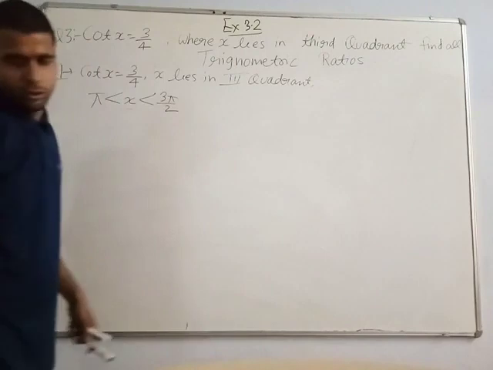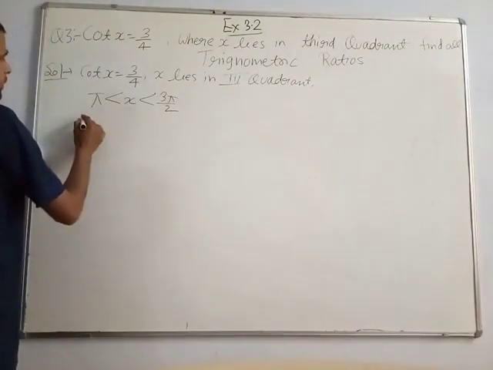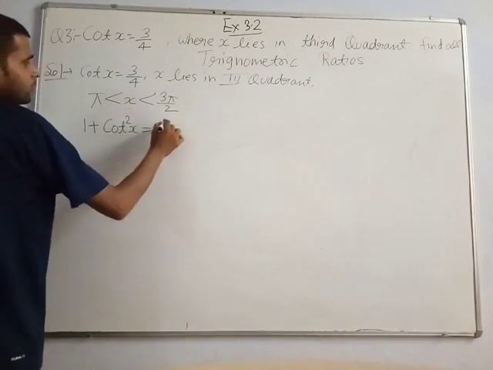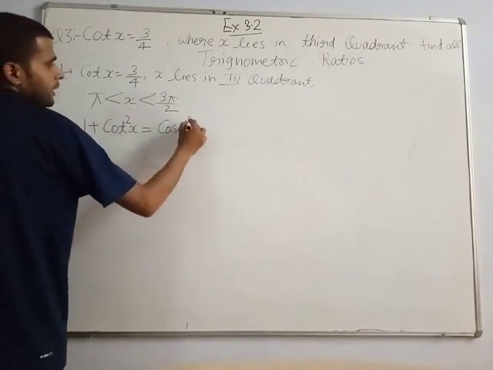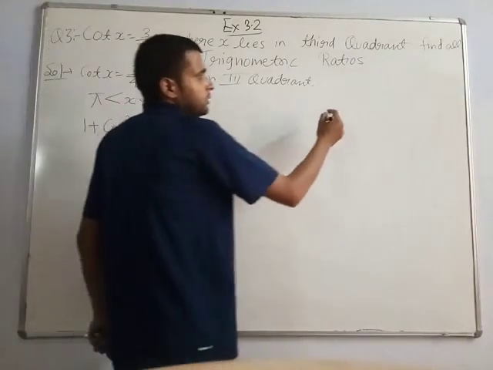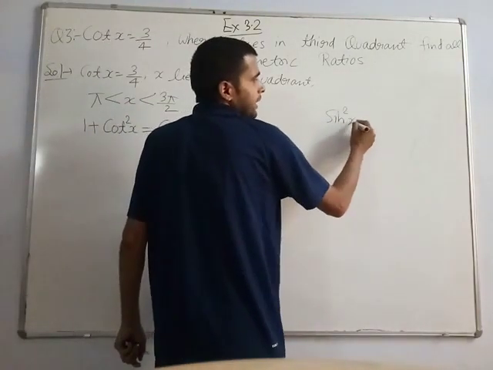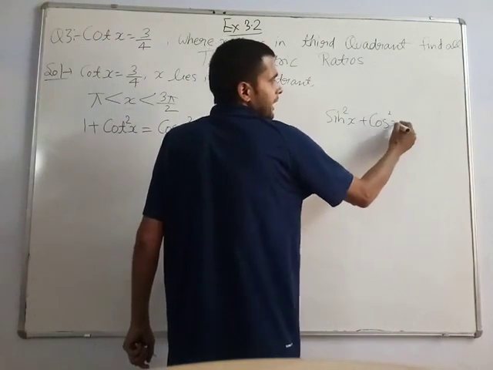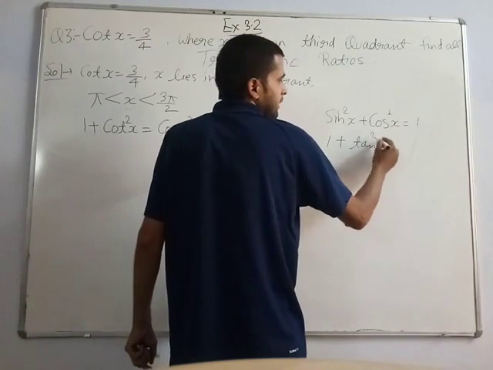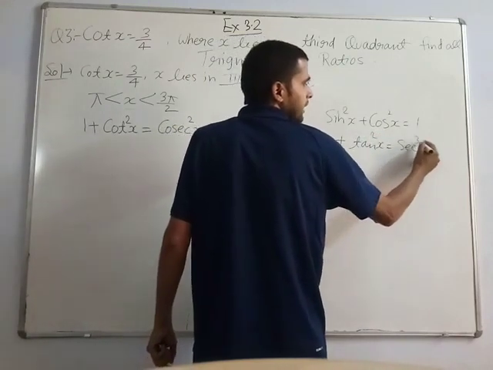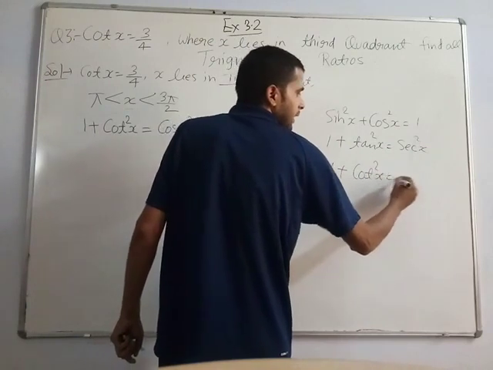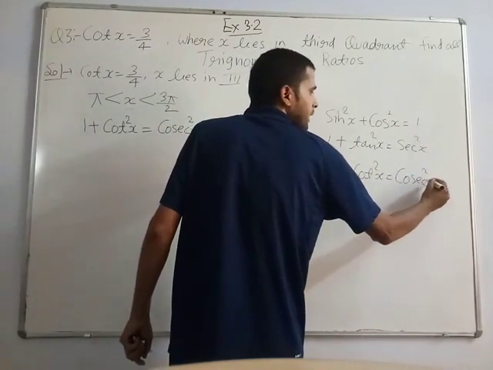So you should remember that one formula is 1 plus cot square x equals cosec square x, right? You have to remember three formulas: sin square x plus cos square x equals 1, 1 plus tan square x equals sec square x, and 1 plus cot square x equals cosec square x.